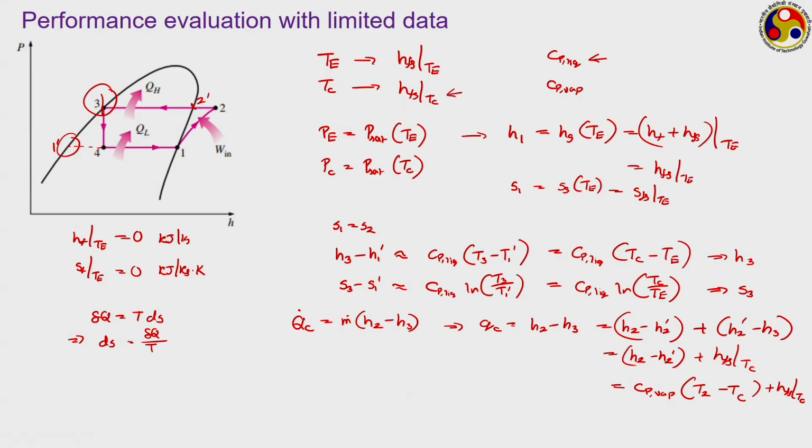So, the only thing that remains is the temperature at point 2 prime. Now, how can we get that? We have the temperature at this point number 2, T2. How can we get that?